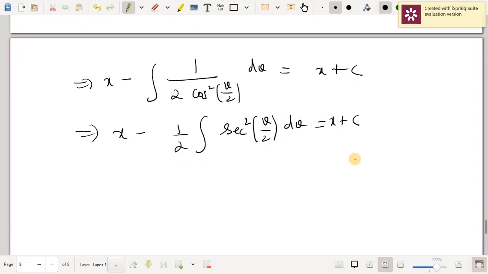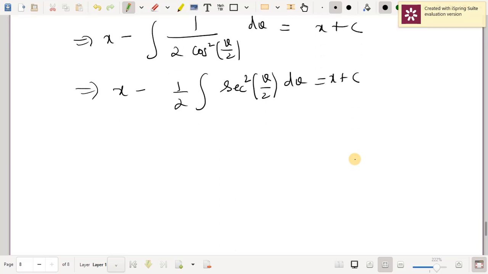The integral of sec square is tan, provided you change this v by 2 to some other parameter, and that half is actually occurring over here. So I can directly write this as x minus, if you want, you can just do the substitution v by 2, and you will see that this is exactly tan of v by 2, and the other side is x plus c.